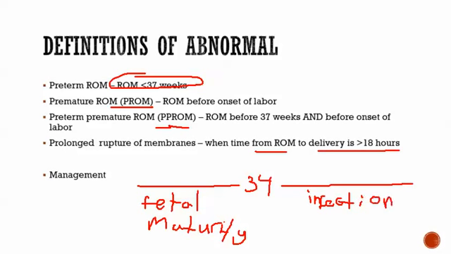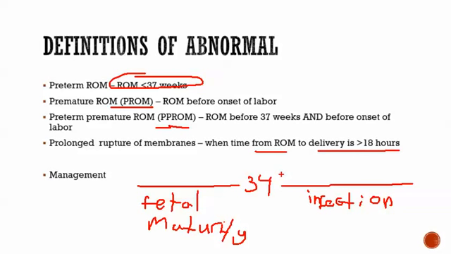If you're greater than 34 weeks and you have rupture of membranes, labor starts soon after, and then you have delivery, that's okay. If you're over 34 weeks and you have rupture of membranes, it becomes prolonged rupture of membranes if it goes on for greater than 18 hours after rupture and you haven't delivered, or you don't know the GBS status.